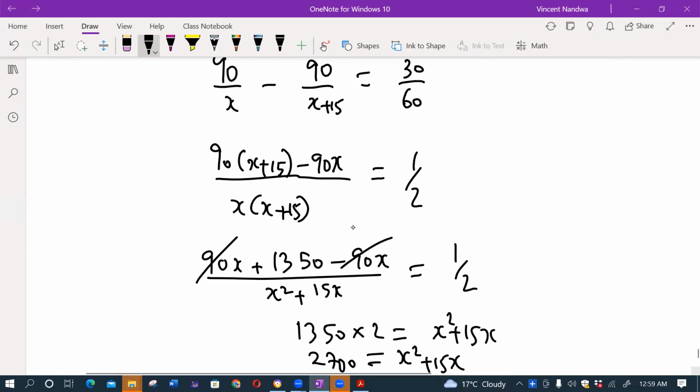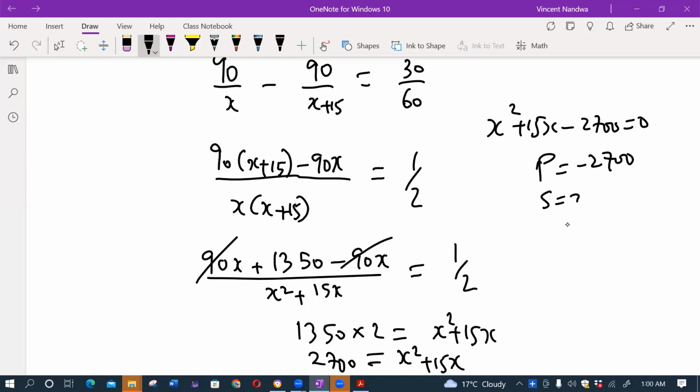So this is simply a quadratic, which would be x squared plus 15x minus 2700 equals 0. The product here is minus 2700 and the sum is 15. The numbers which will give us this are 60 and minus 45.